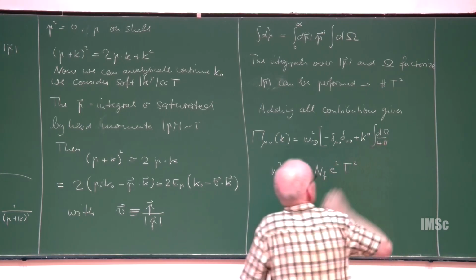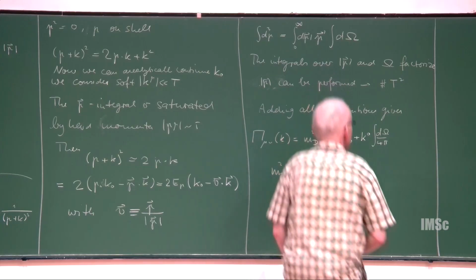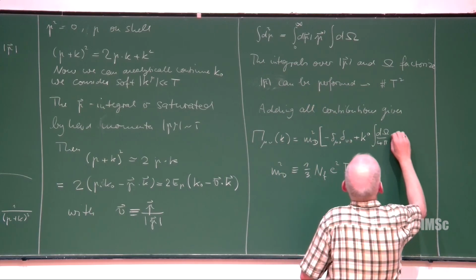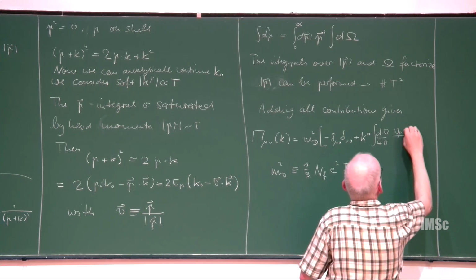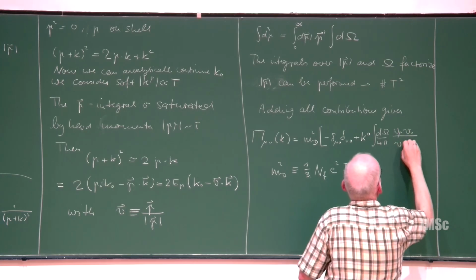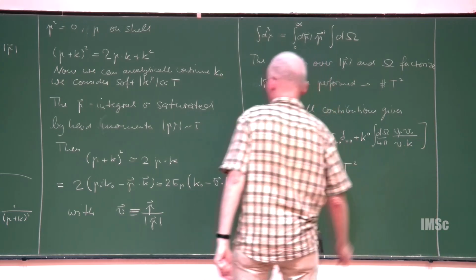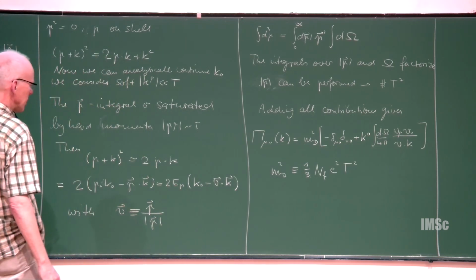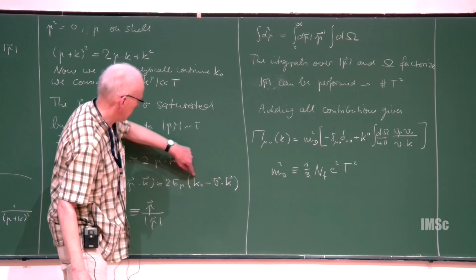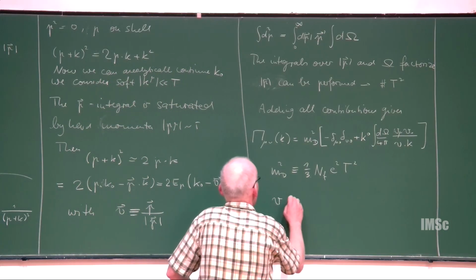It's convenient to write it so that this integral without anything would be 1. And here we have v mu over v dot k, which is the expression we saw appearing in the denominator.